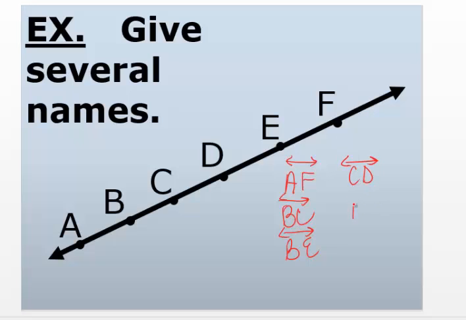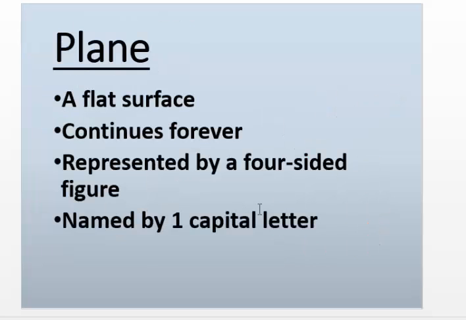We could call it FA. And let's just go ahead and write one more. How about DE? Notice the order doesn't matter, but all of these are different names. Even though these two are the same, all 6 of them are the same line, there's just many ways to name that particular line.